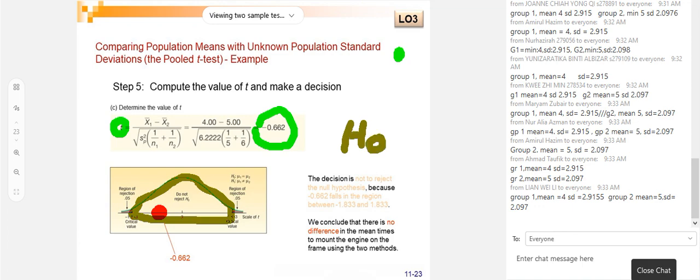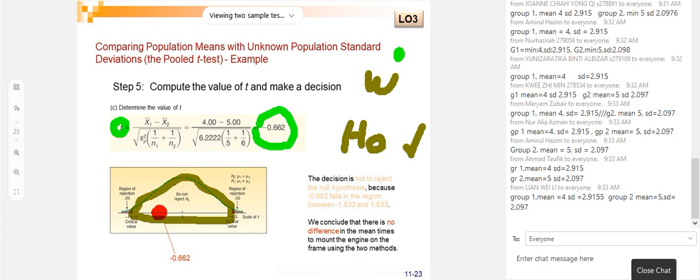Kan, betul kan? Betul tak Nur Hazira? Ya doktor. So because kita dapat calculation value di zone, this zone adalah do not reject H0, that mean we accept H0. What H0 say?